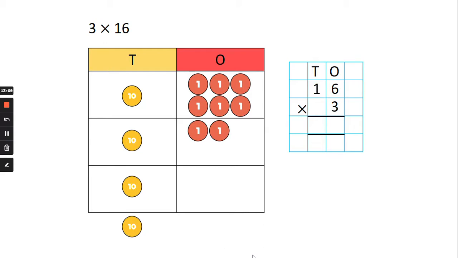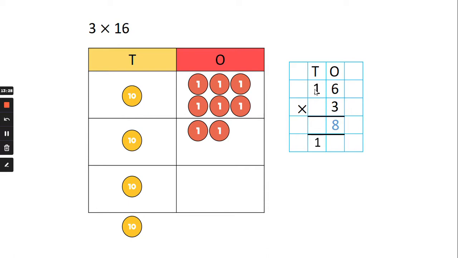So now we can see how many tens counters we have gained. We have gained 1. And how many ones counters do we have left? We have 8. Now we can calculate our next step, the tens column.